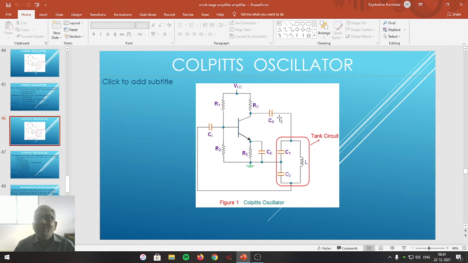Similarly, CO is the output coupling capacitor that couples the output of the amplifier circuit to the tank circuit. The tank circuit is formed by C1, C2 in parallel with inductance L. The tapping is done between C1 and C2 at the center, which is grounded.